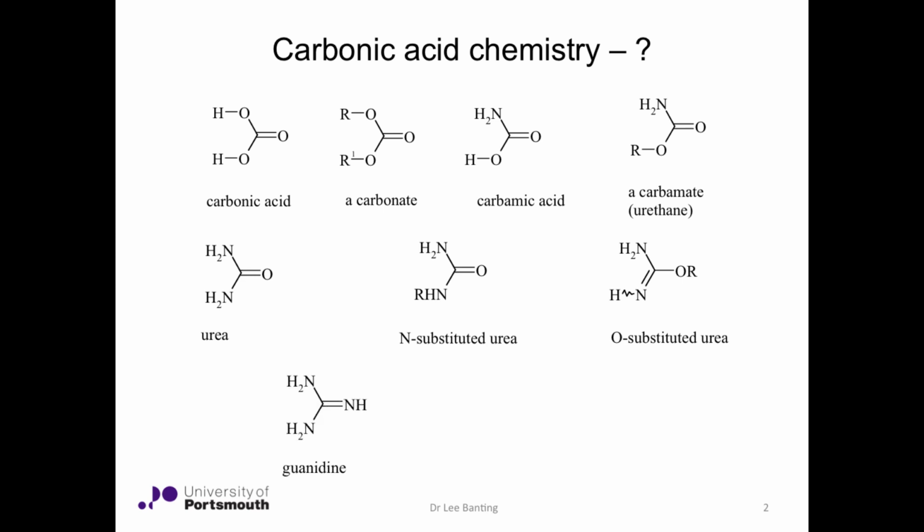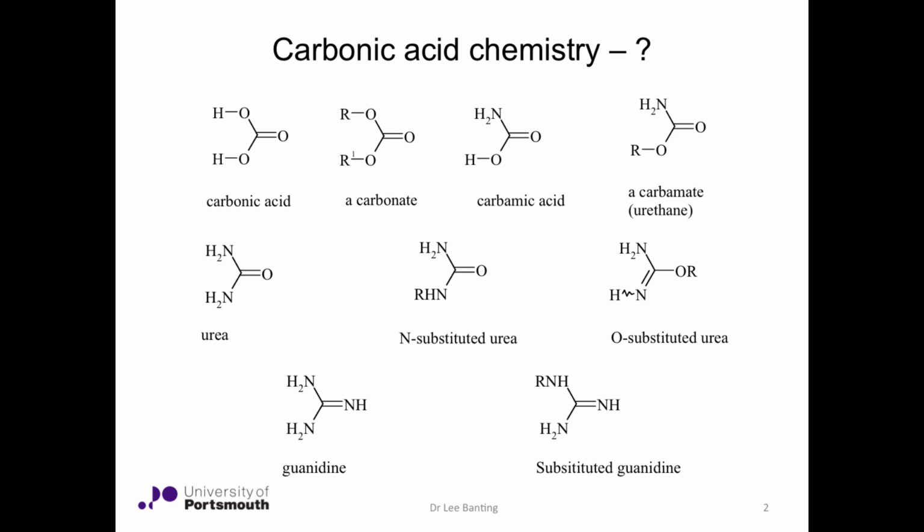Just because there's no other place to put these chemicals, if we carry on the substitution and replace all the oxygens with nitrogen, we end up at guanidine, and guanidine is an excretory product of avian species, and guanidine is an all-nitrogen analogue of urea.